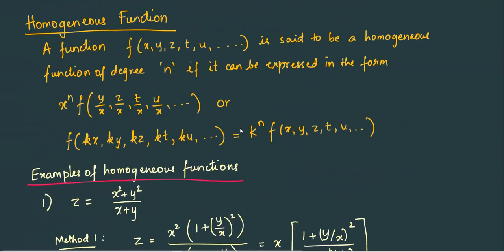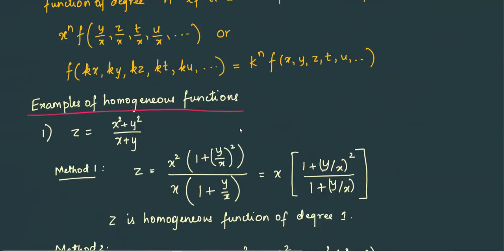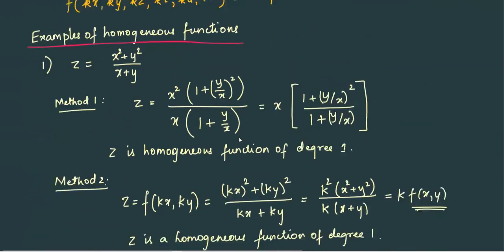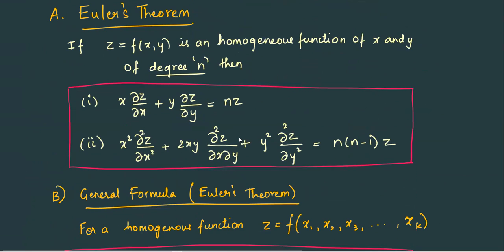Then we discussed what are homogeneous functions, and for homogeneous functions of degree n there is Euler's theorem. This is the Euler theorem. We didn't go by the proof of this theorem. We just use this theorem.